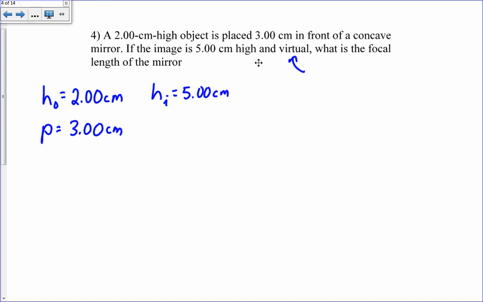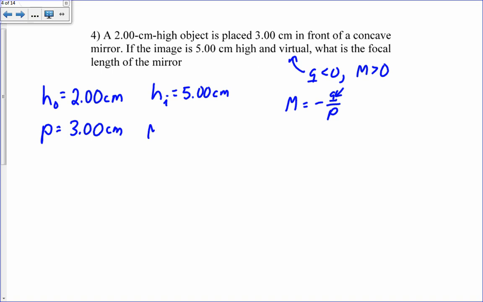And virtual means that Q is negative. If Q is negative, that means that M, which is negative Q over P, has to be positive.